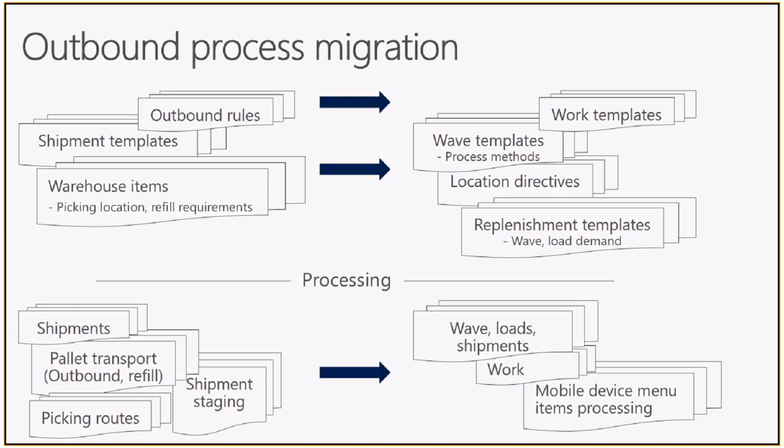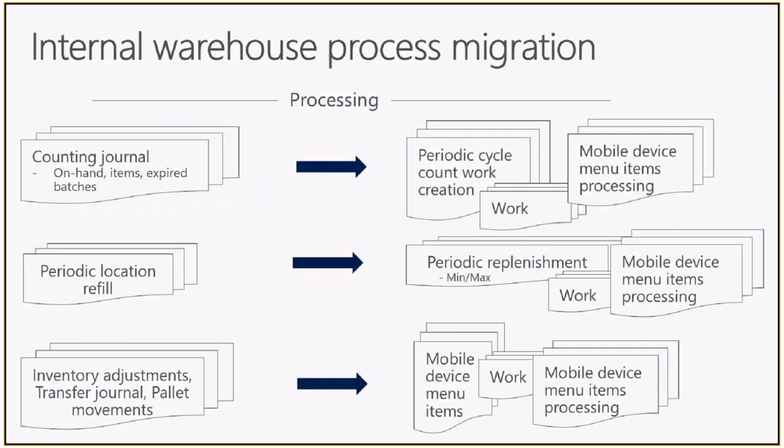For the more operational processes within the warehouse, counting processes, in the WMS2 module, leveraging the item counting journal, you could trigger on hand or item based on a query here.